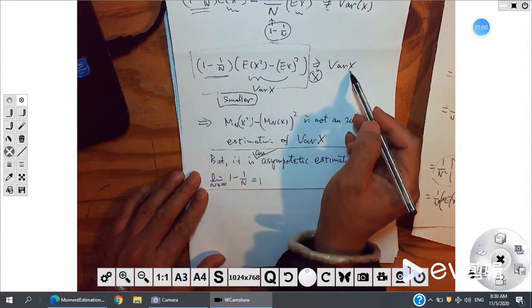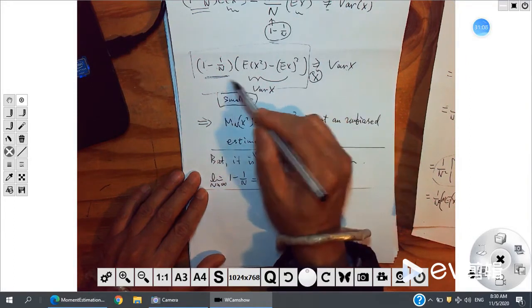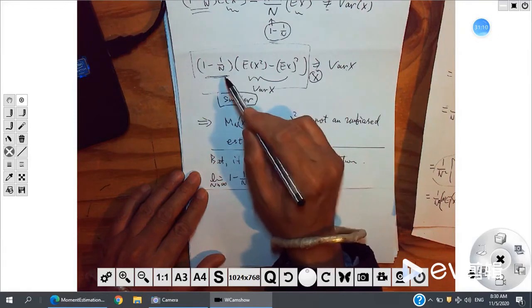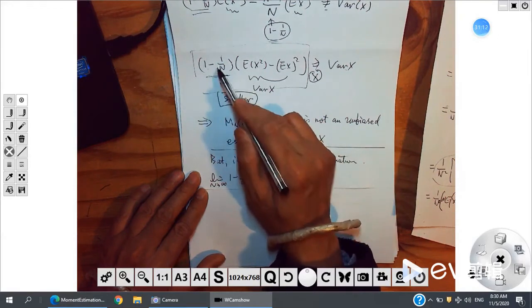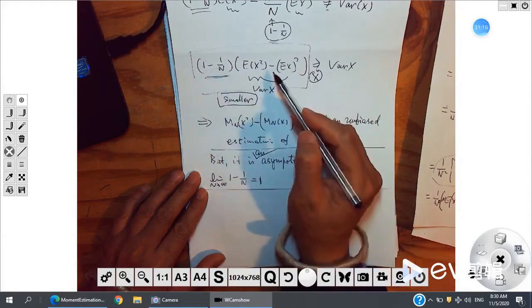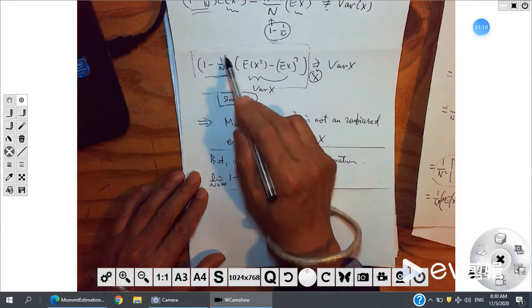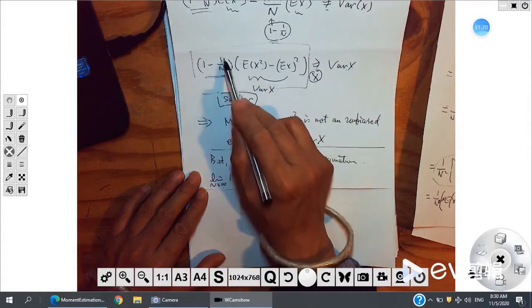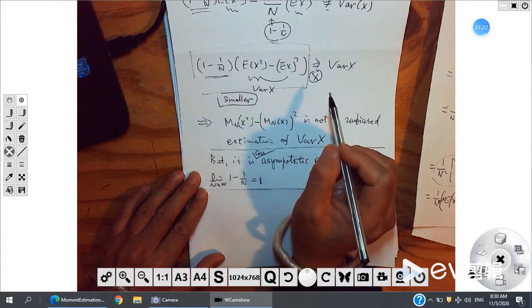They are not the same. Then, because they are not the same, when n is large, this is close to 1, right? So after n is large enough, you think they are very close. The difference between them is just 1 over n. It's a small number, right?